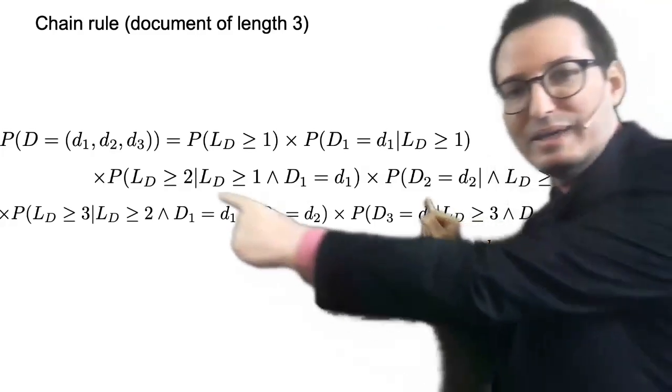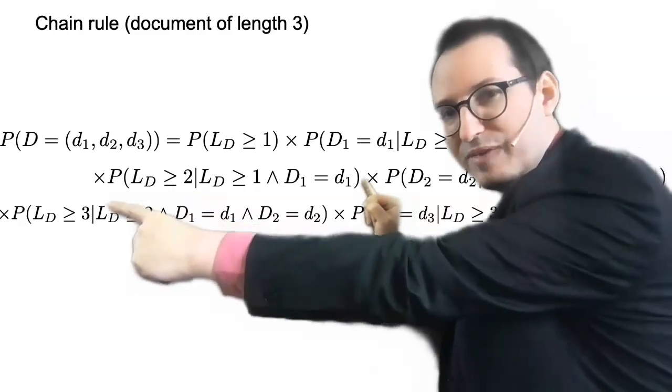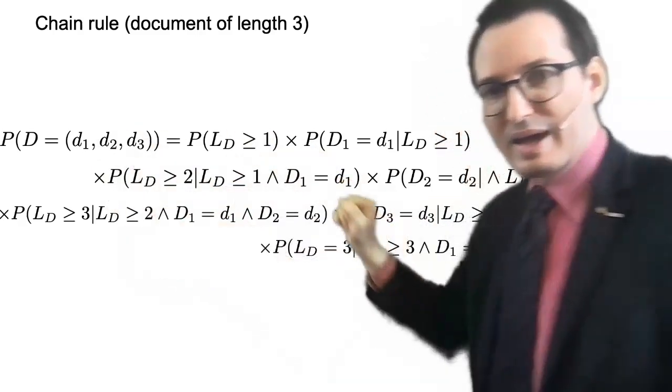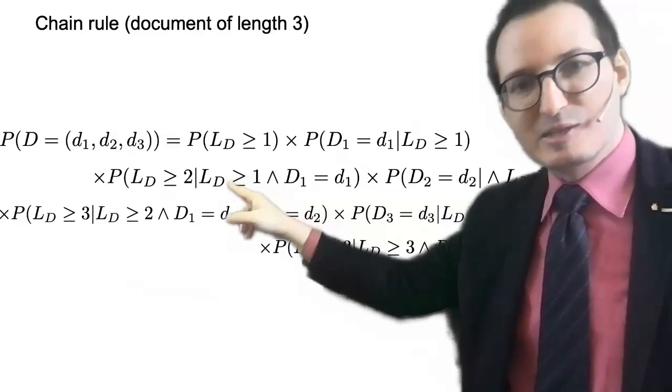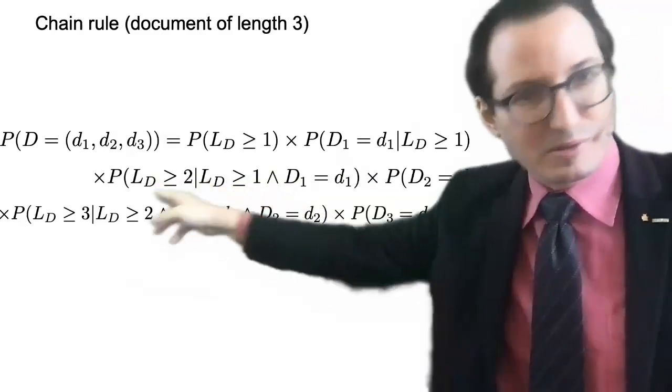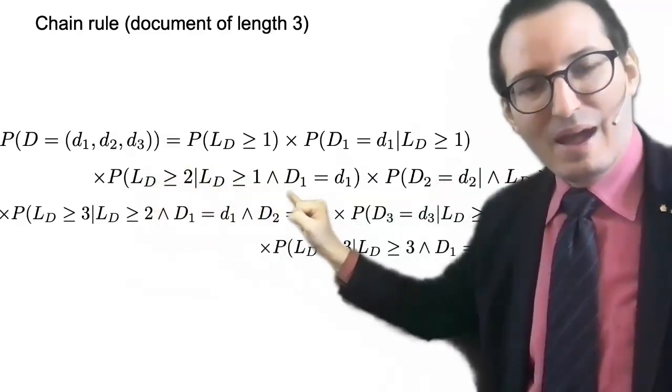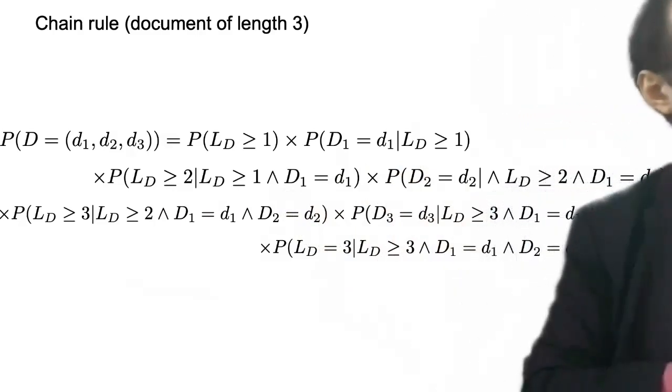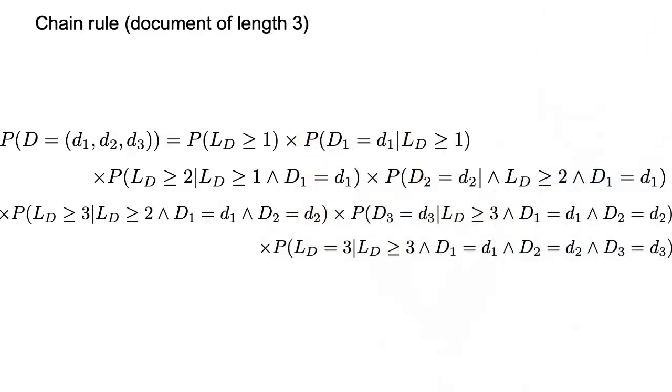And now if I multiply the first 3, I get the probability that the length is at least 1 and at least 2. So of course, this is enough, at least 2, and that the first word is D1, right? So the first 3 basically tell me there are at least 2 words and the first one is computers.